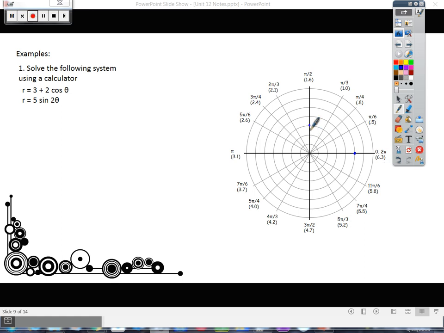That was 3, so something like this. Okay, there's our 3 plus 2 cosine. Let's go ahead and graph our 5 sine 2 theta. That one came out, the petals are 5 units long.